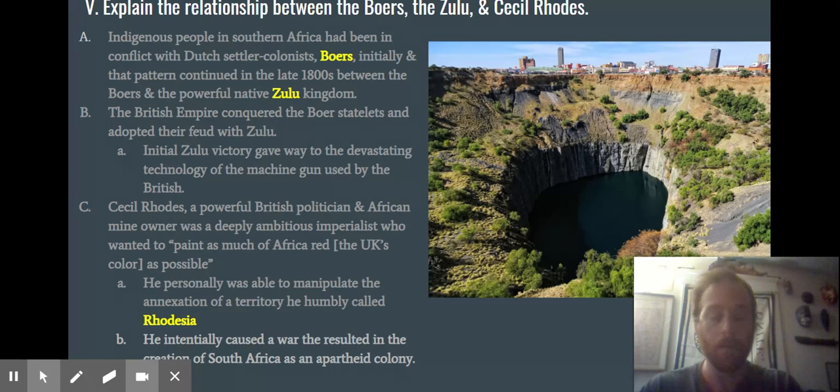And he basically got the Dutch settlers, little kingdom, sorry, not kingdom, statelets, the Boers, into South Africa, losing his political power because he was a horrible racist and got voted out of office. But South Africa became an apartheid, meaning a racially prejudiced, hierarchical state as a result of his kind of manipulations.